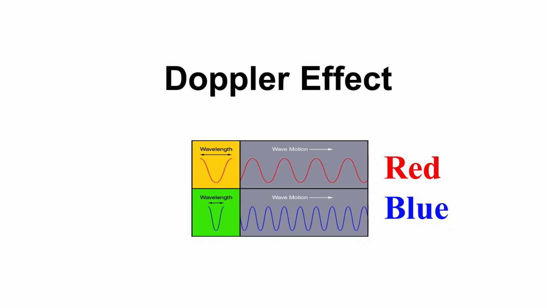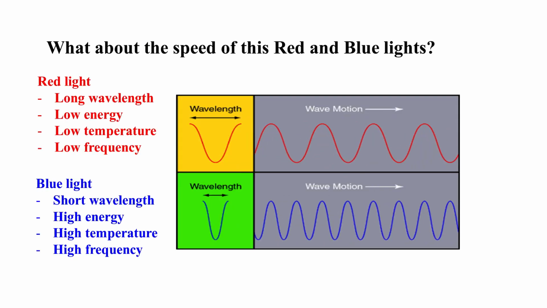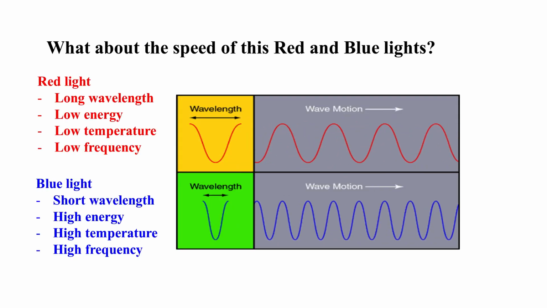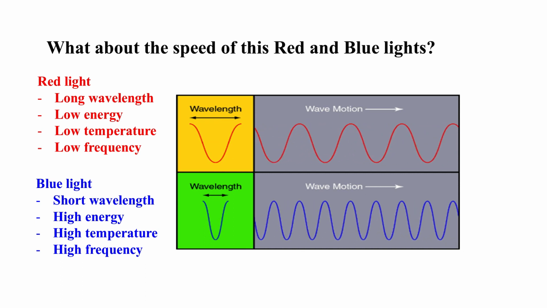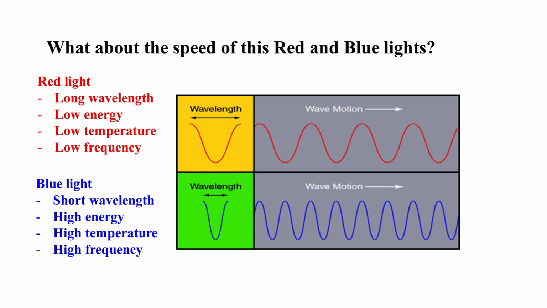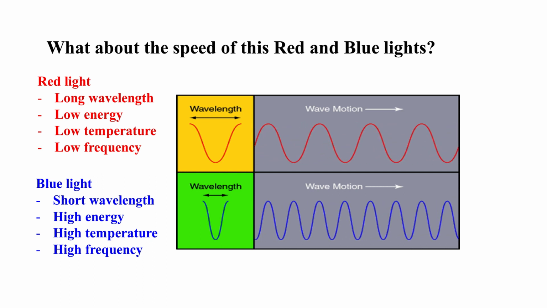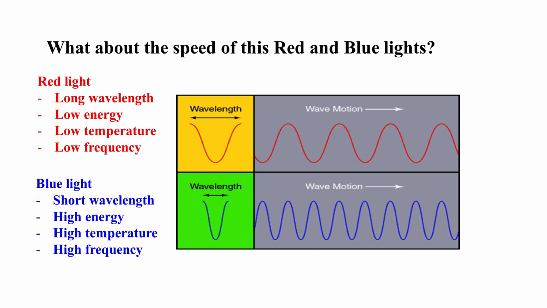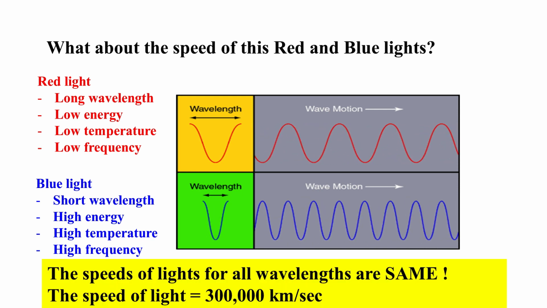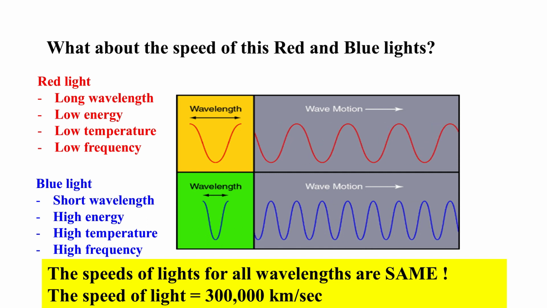Now let's get into the Doppler effect. It is related to red and blue light. Here is the question: what about the speed of this red and blue light? They are the same.